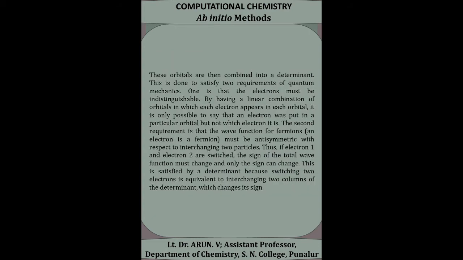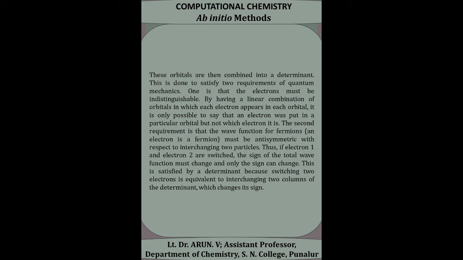These orbitals are then combined into a determinant. This is done to satisfy two requirements of quantum mechanics. One is that the electrons must be indistinguishable, by having a linear combination of orbitals in which each electron appears in each orbital. It is only possible to say that an electron was put in a particular orbital, but not which electron is in it.